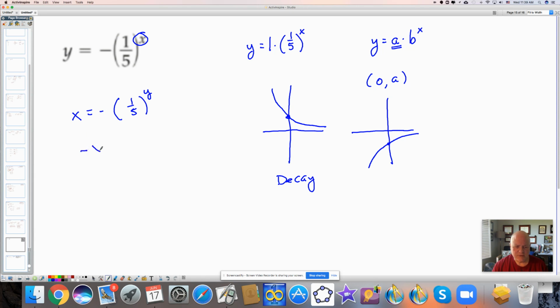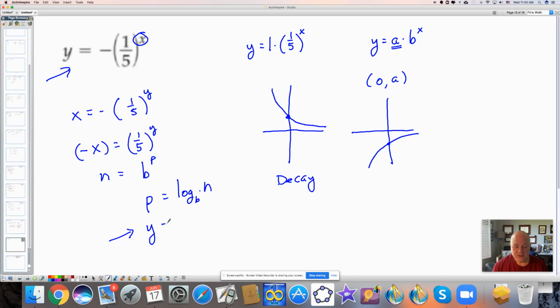So it's going to be negative x is equal to 1/5 to the y. Here I have my base raised to the power is equal to some number. And I can write that in logarithm form as the power is equal to the log in that base of the number. So I'm going to write the power, which is y, which is what we're looking for, which is the inverse of this operation.